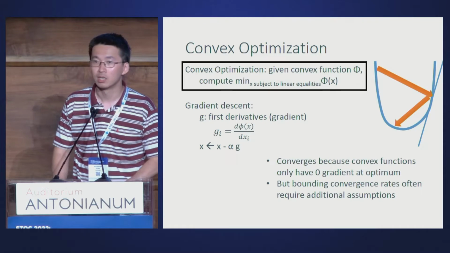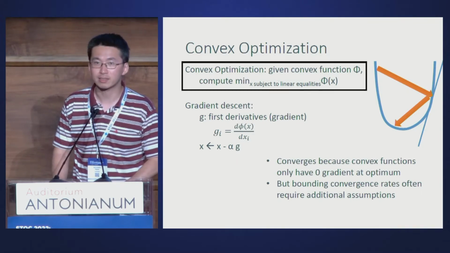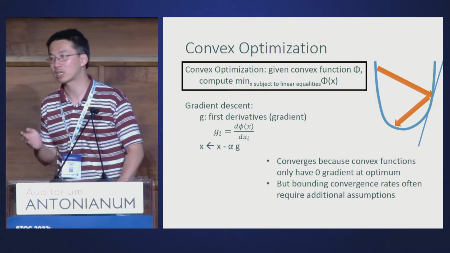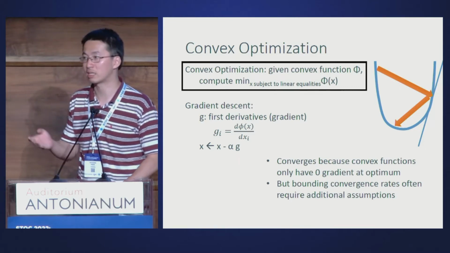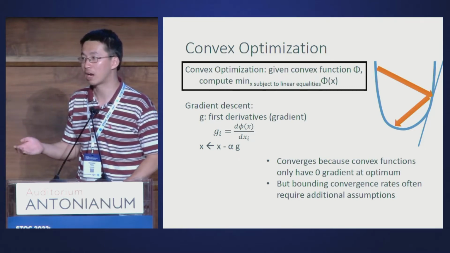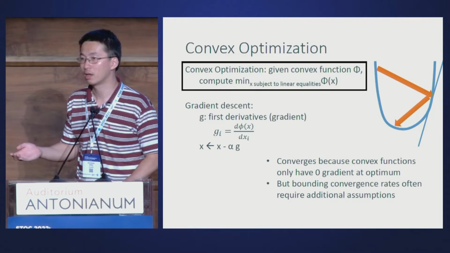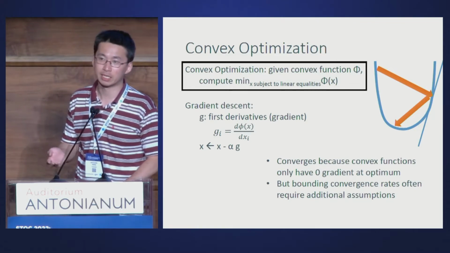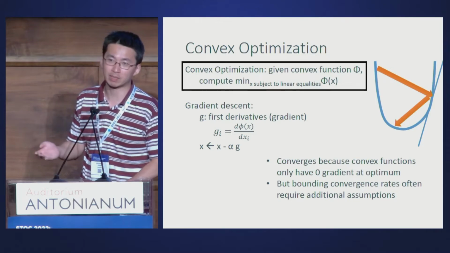Okay, the quick intuition about gradient descent is that if I have a convex problem, the minimizer must have gradient 0, assuming there are no linear constraints on the x variable. If I just minimize f of x, where f is a convex function, the calculus statements basically say that the gradient must be 0 at the minimizing point.